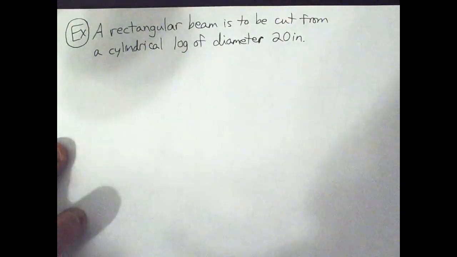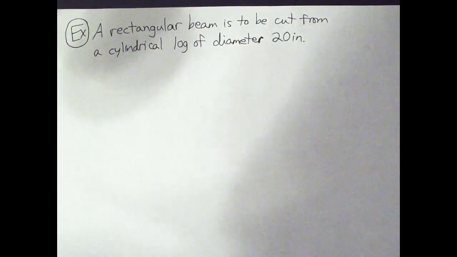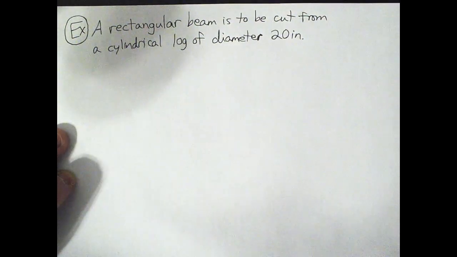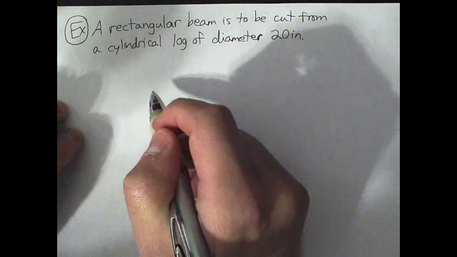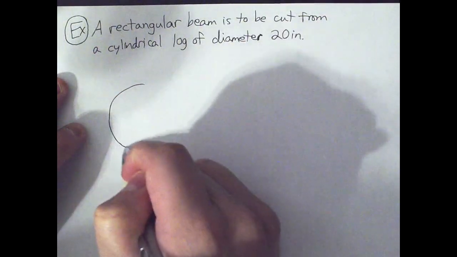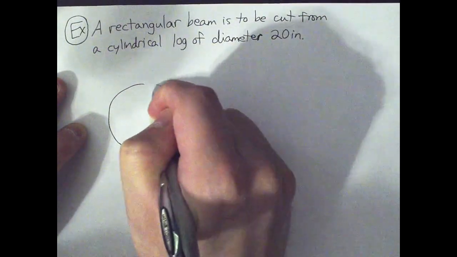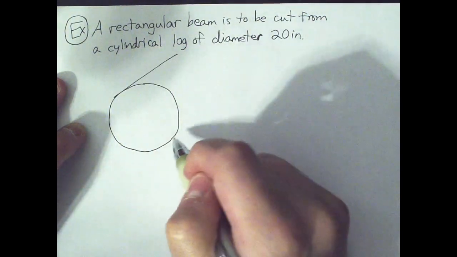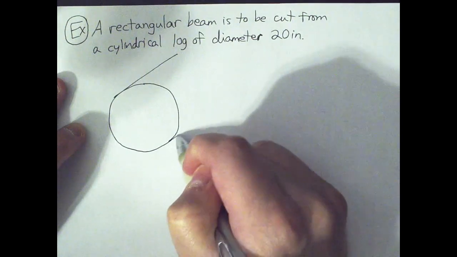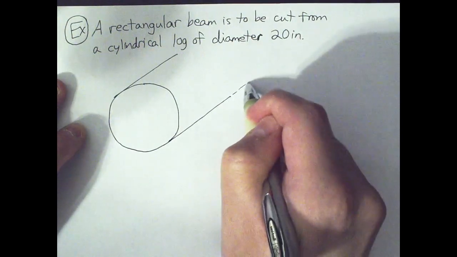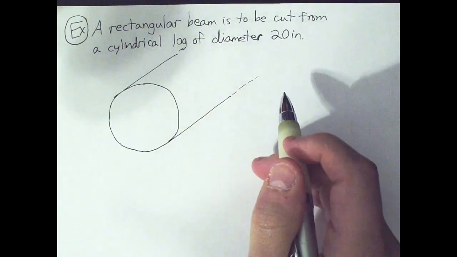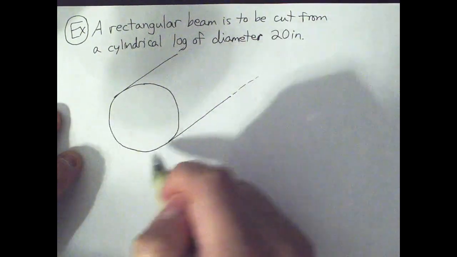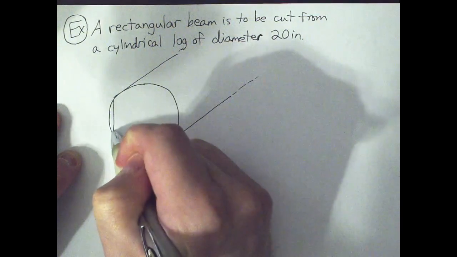All right, let's move the old problem away. This problem is going to provide us with a picture. Oh, this is actually tough to draw. Give me a minute and let me see if I can draw this right. All right, so it's a cylinder. So we could draw something that kind of looks like a circle. Let's try to give it some perspective. Now, it says a rectangular beam is to be cut out of this wooden log, so let's draw a rectangle.